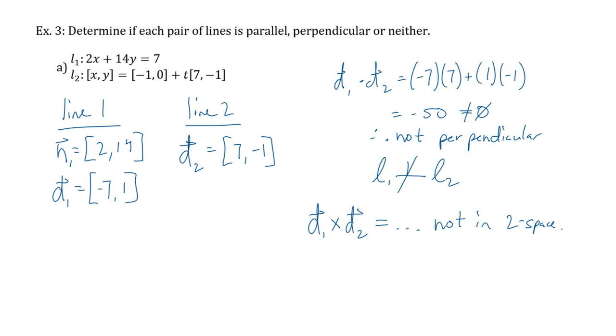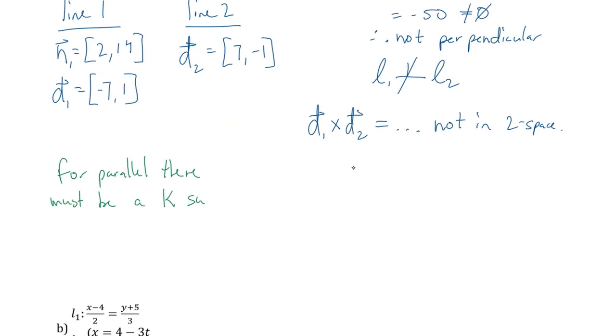So remember, for collinear or for parallel, there must be a k value such that D1 equals k times D2. And there is one, isn't there?